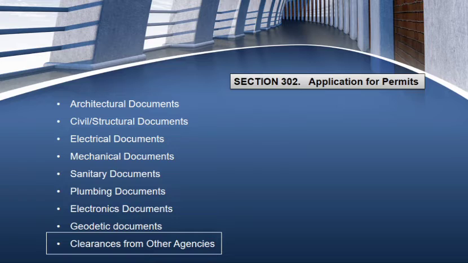These clearances from other agencies include location clearance from the city or municipal zoning administration, and sometimes can be obtained from the various authorities that exercise and enforce regulatory functions affecting the buildings or structures.